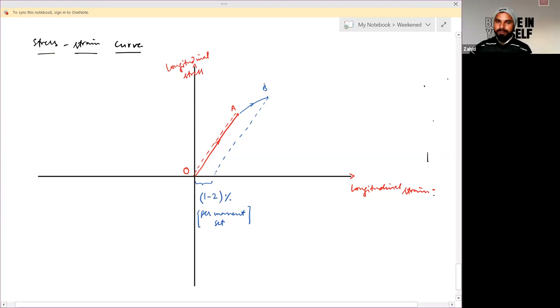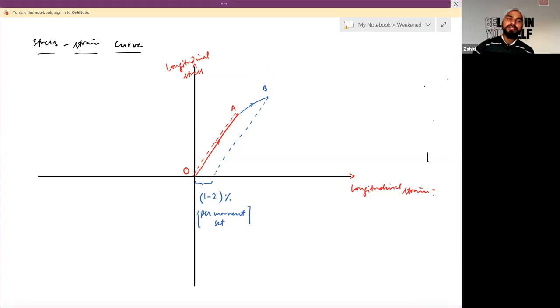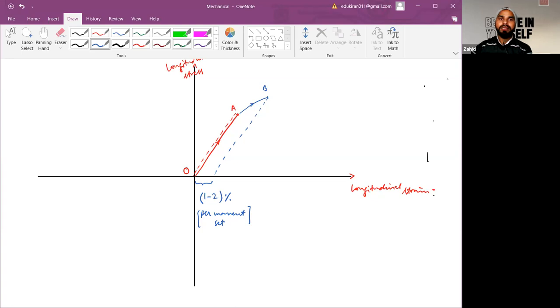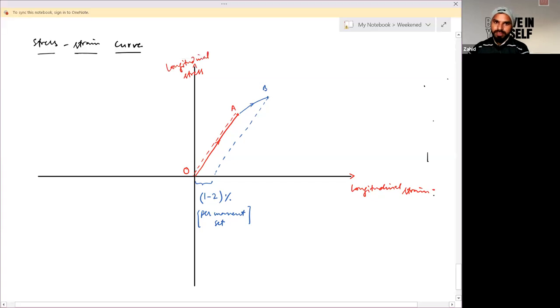Now, up to this B point, the body has a tendency to return back to regain its original configuration. That is the property of elasticity. But if you further extend it by a deforming force, it will move along this direction till this part.